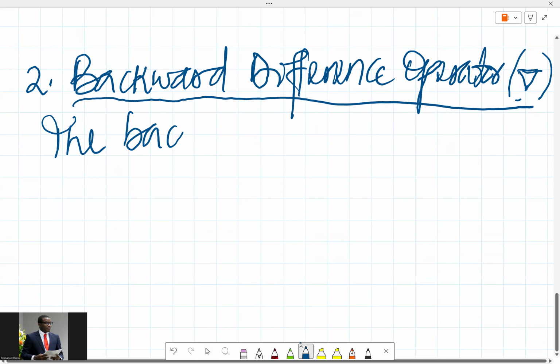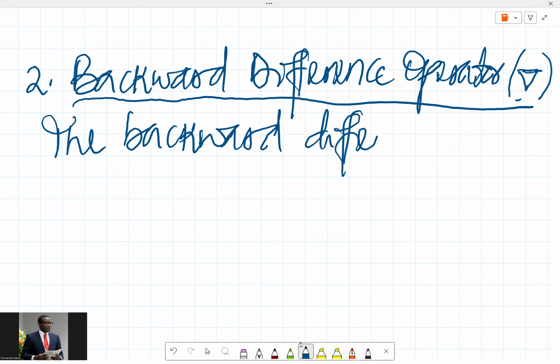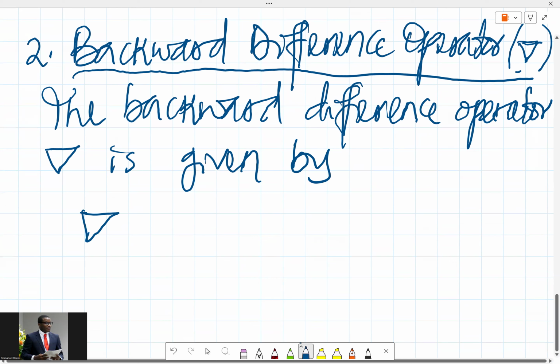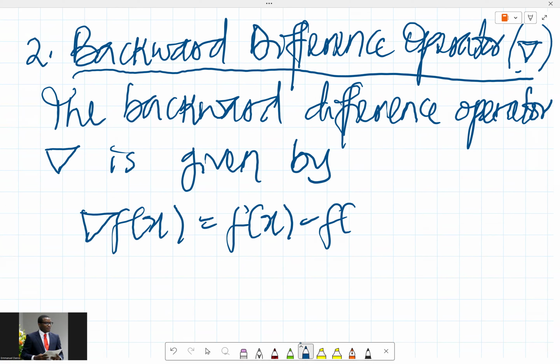So the backward difference operator nabla is given by nabla f of x equals f of x minus f of x minus h.